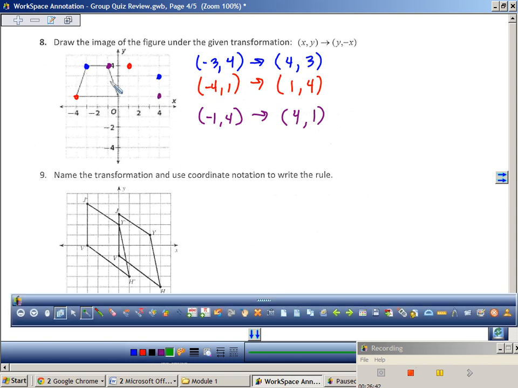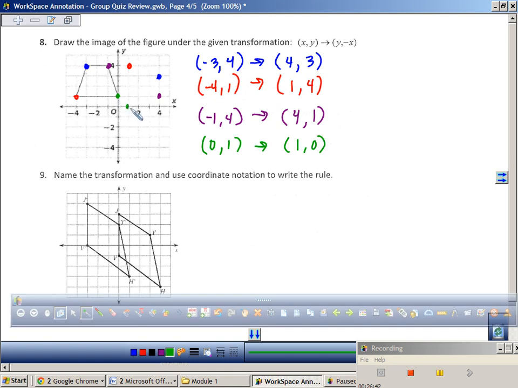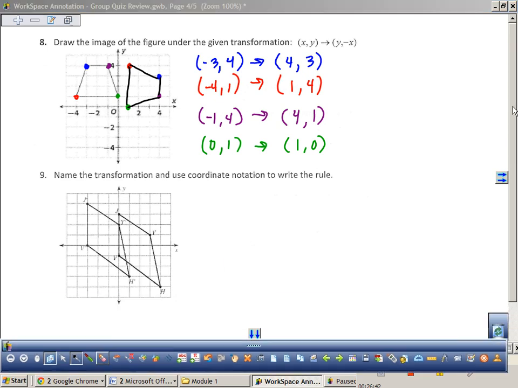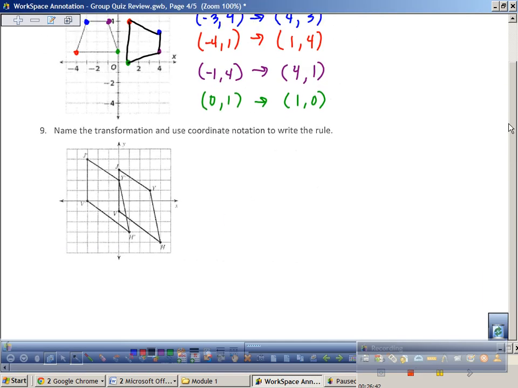And the last one, let's do green. 0, 1. So what's that going to transform to? 1, 0. And then we connect the dots. Isn't it pretty? And informative, right?